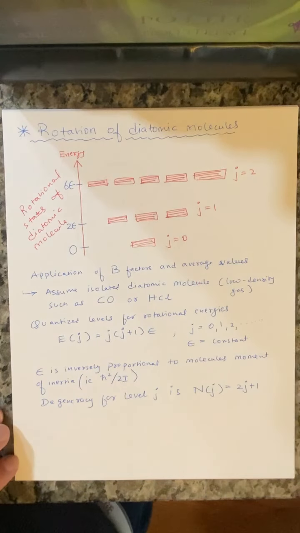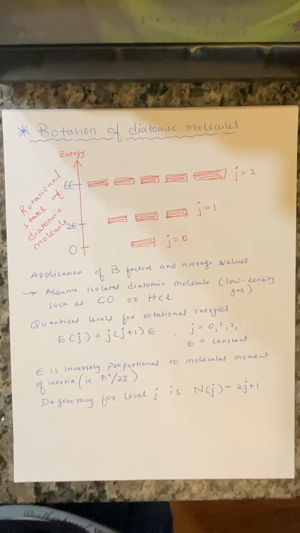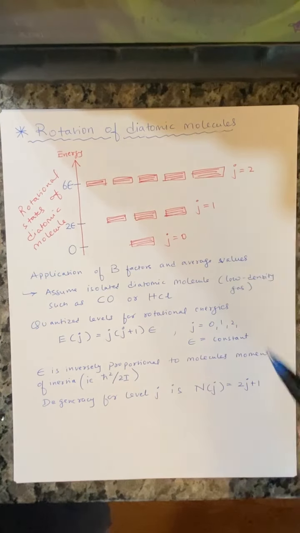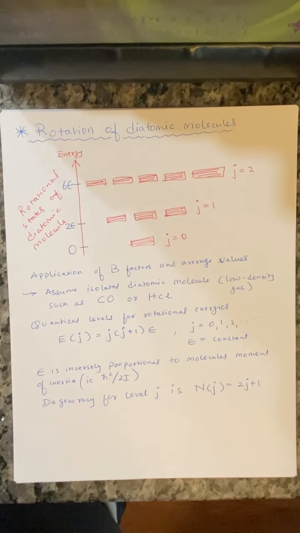That is what you are seeing here in the energy diagram. 2J plus 1: J equal to 0 gives me 1, J equal to 1 gives us 3, J equal to 2 gives us 5 degenerate states, and so on. You go to the next number and you will see the number changes, and you keep going on, right? J equal to 3, you're going to have something like 12E. That's your constant value that keeps adding.